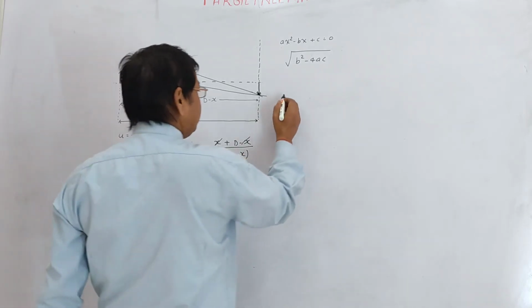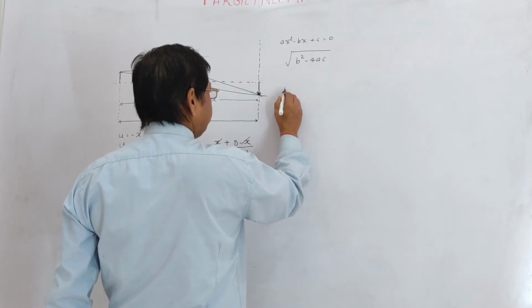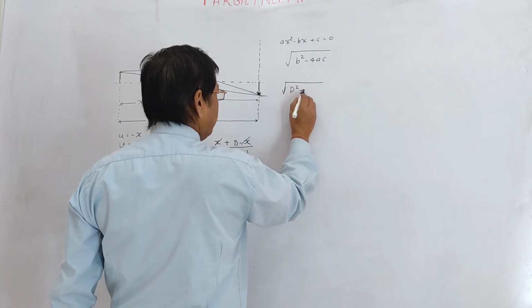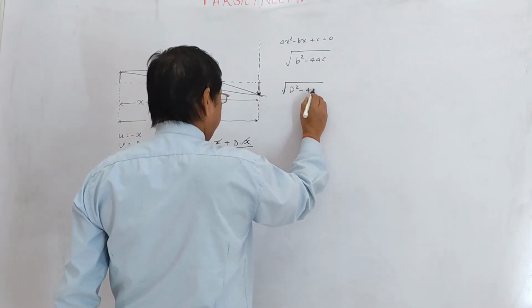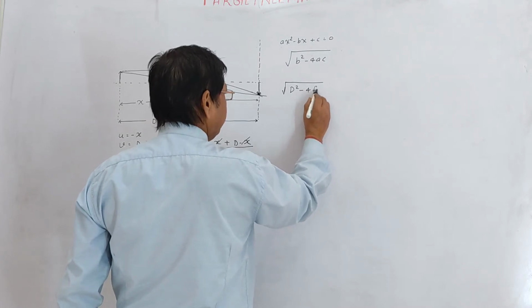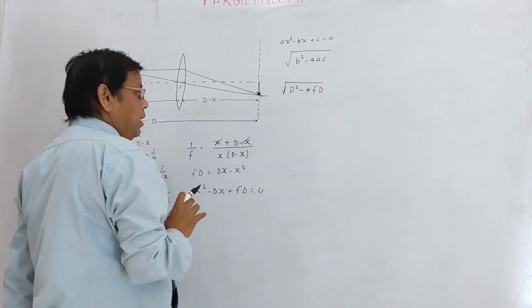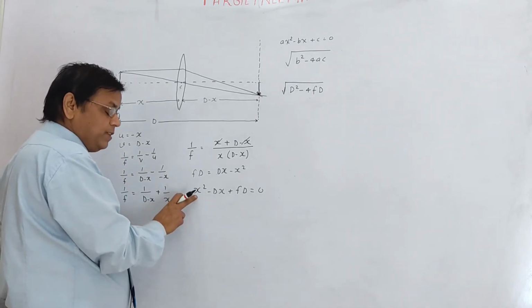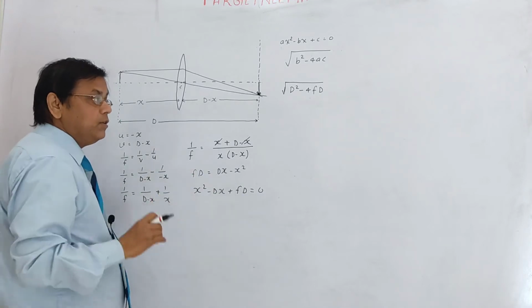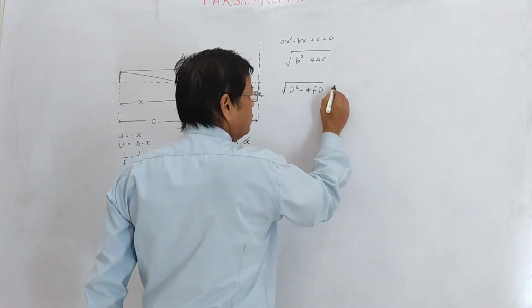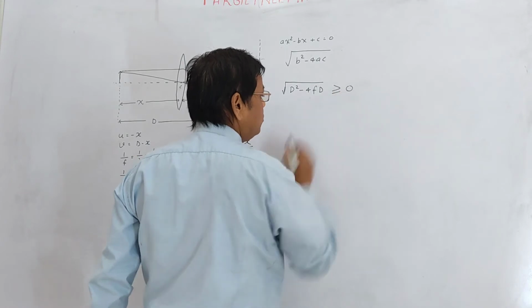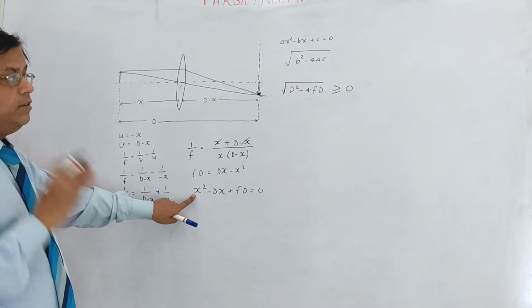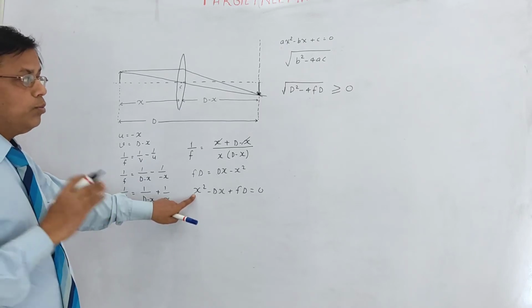So the discriminant in this case will be under root d square minus 4a, that is 1 into c, f into d. Now this is the discriminant of this equation. Roots for x will be real if the discriminant is equal to 0 or more than 0. So for x to be real, this discriminant should be either equal to 0 or more than 0.